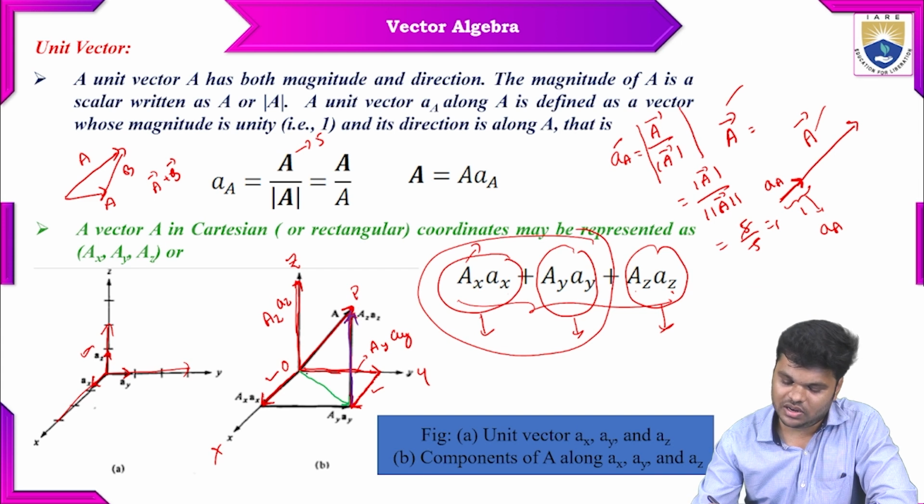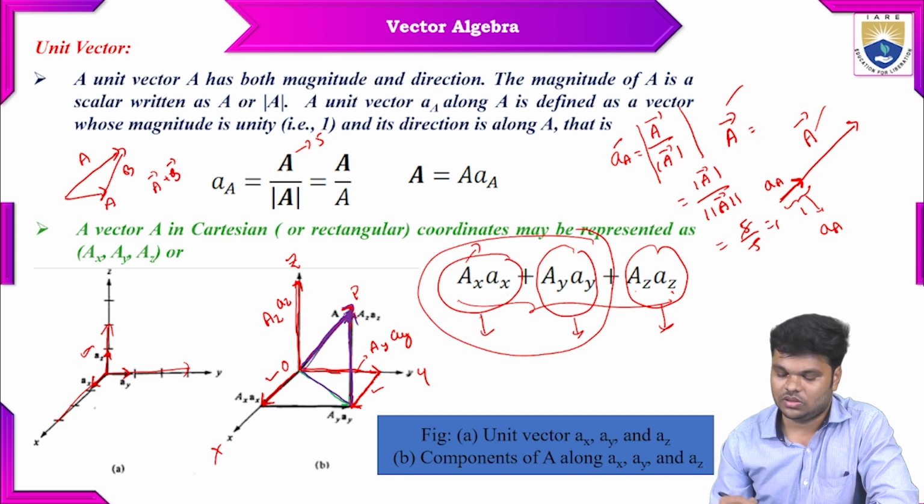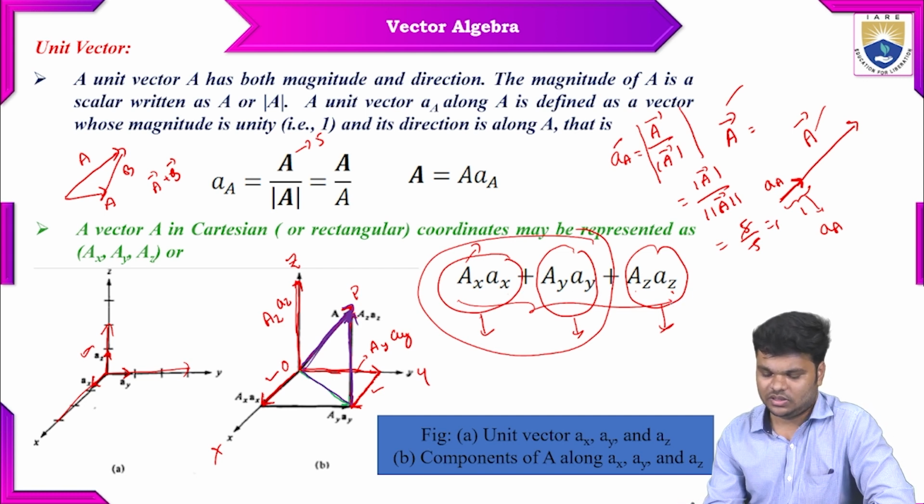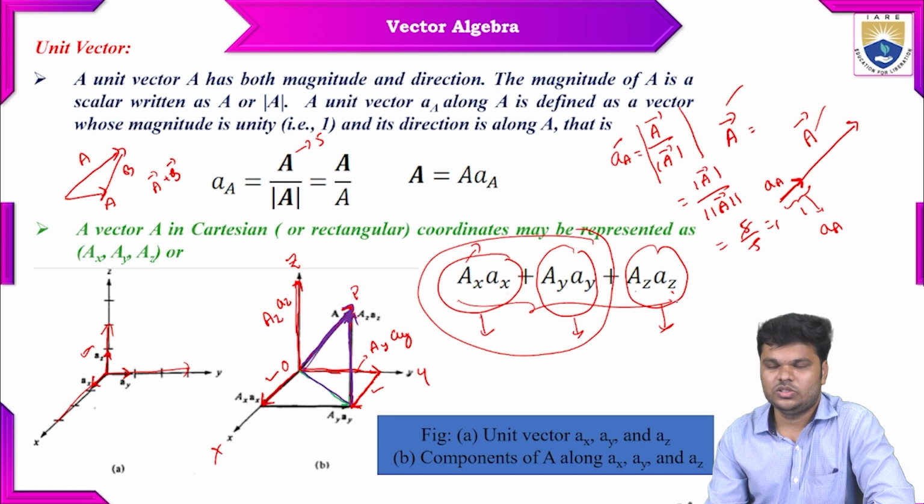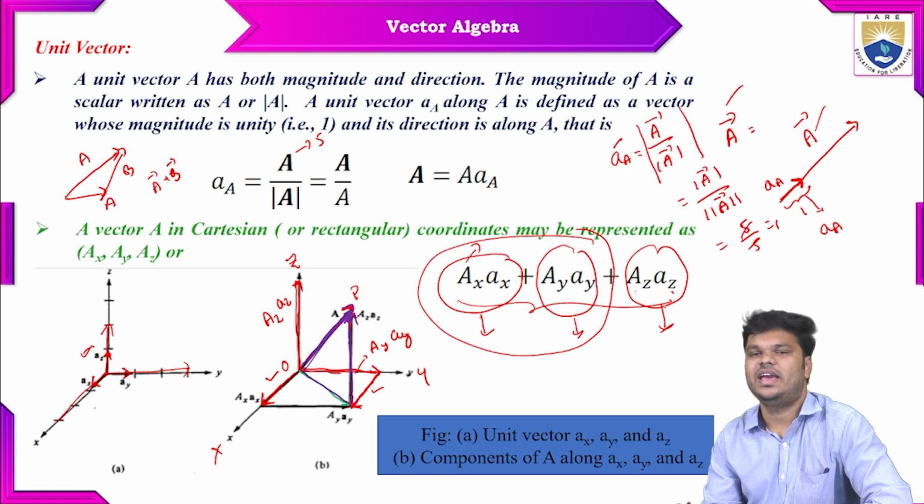If I want to find out the resultant of these two vectors, this vector and this vector, this is the resultant of these two vectors. So A is nothing but Ax plus Ay plus Az. So any vector can be decomposed into three vectors along x, y and z axis.